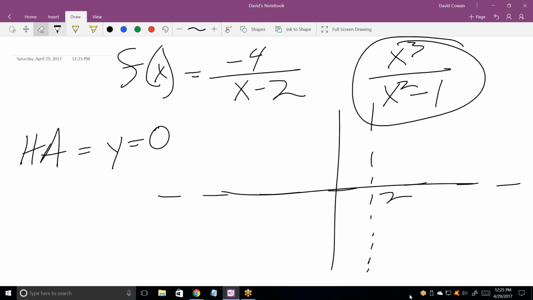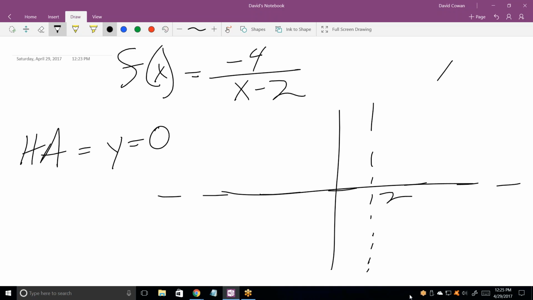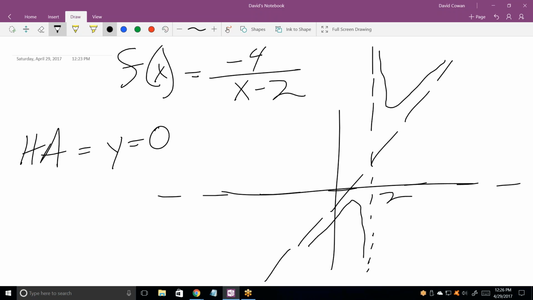And when you do that division, you always get a straight line. So a slant asymptote might look like this, and that gives you a different grid to draw it in. Now your grid might result in a curve that looks like that.